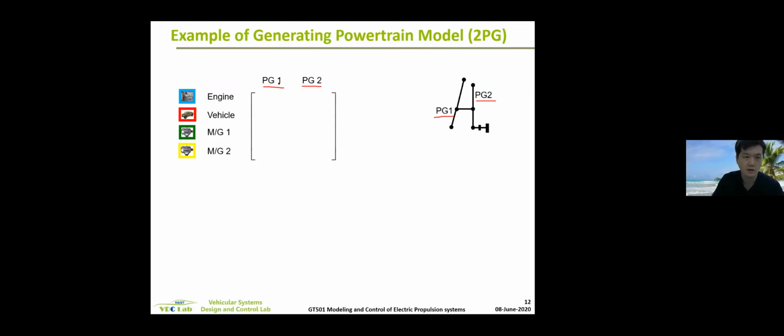And then the column corresponds to each PG. The row corresponds to each component. So this is now omega E, omega V. So we have this vector here.